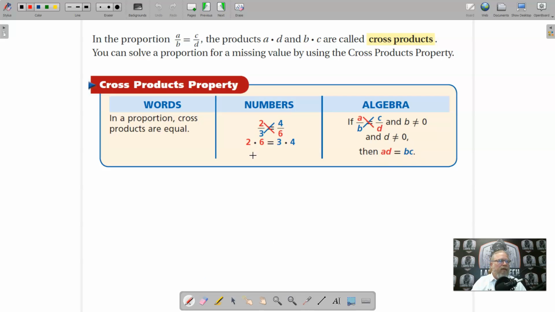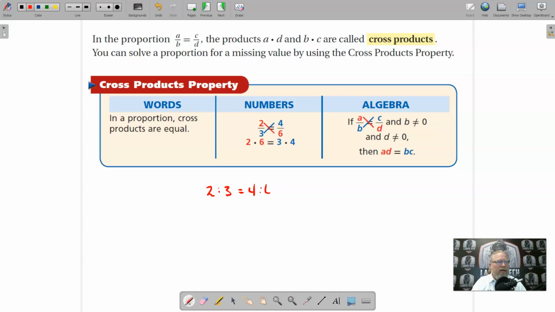Now, I often call the 2 and the 6 the extremes, and the 3 and the 4 the means. And here's the reason for that. If I set this up as a proportion or a ratio using a colon, that would be 2 is to 3 as 4 is to 6.